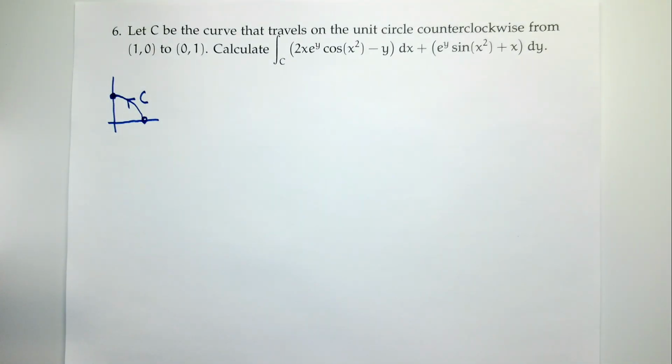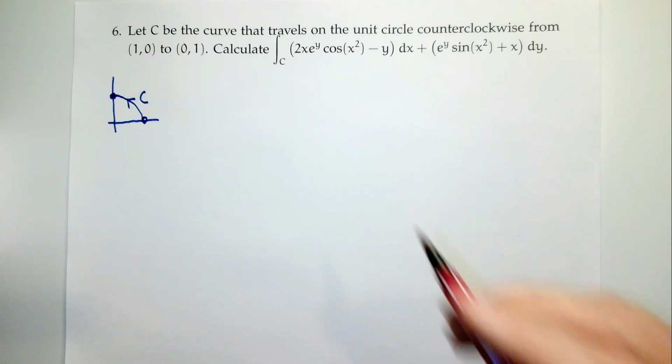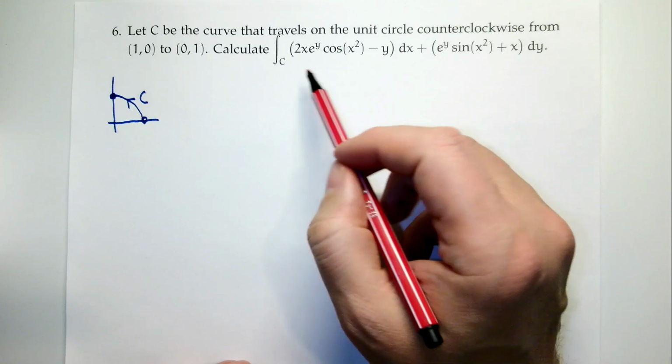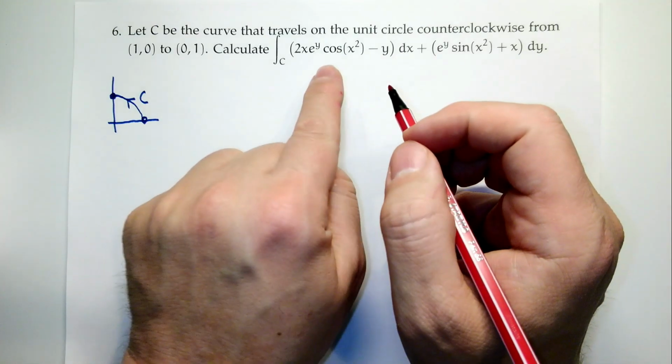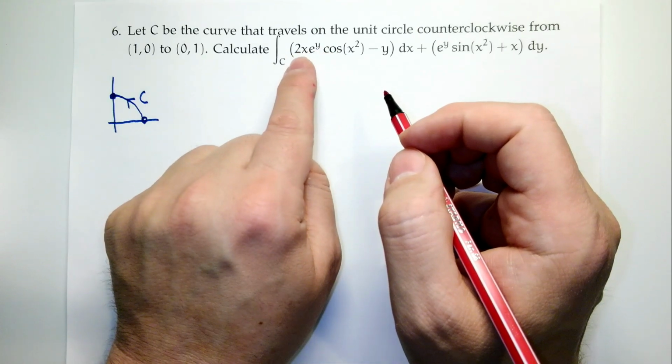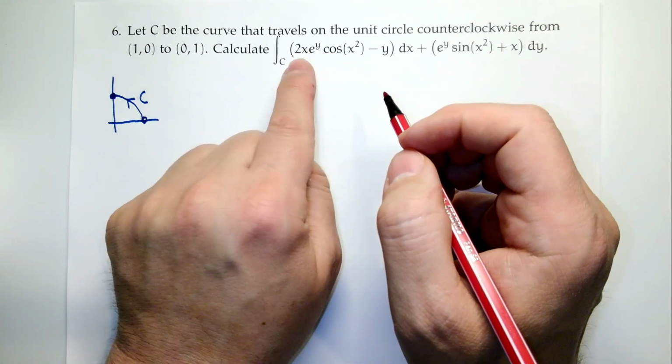Now we say, well, our mindset: it would be nice if this was conservative, right? Well, let's see. If it was conservative, we would say this part here, what would be the integral with respect to x? Well, we can kind of make it out, because you have a cosine of x squared. If you think of u equals x squared, you get a 2x.